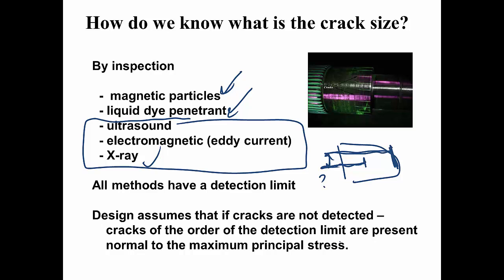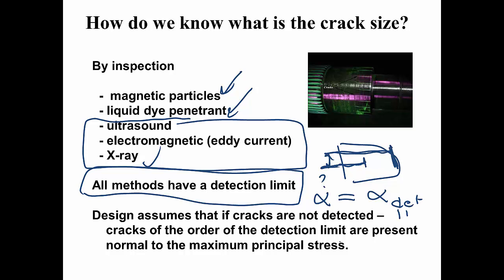In some cases you won't see them, and what you do then is take the detection limit of the method that you are using and assume that your existing crack is the detection limit, and you do your calculations on that basis. This is typically what is done in the case of aerospace structures.